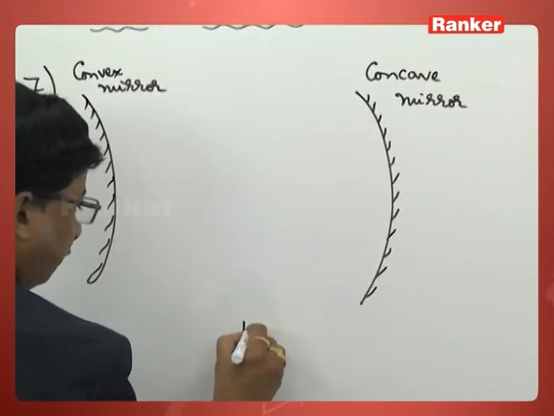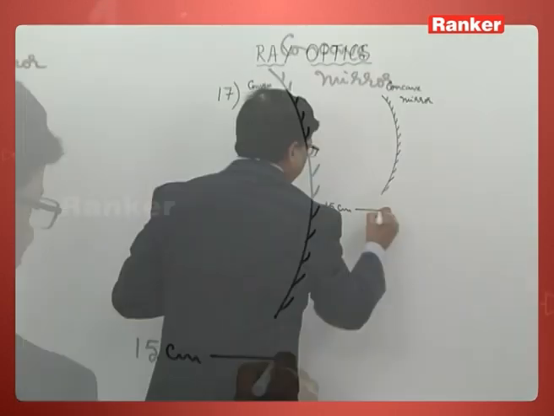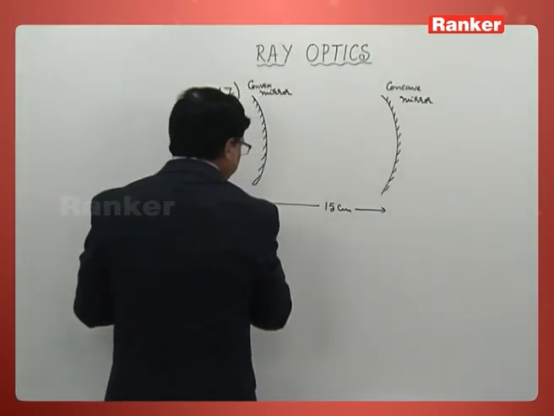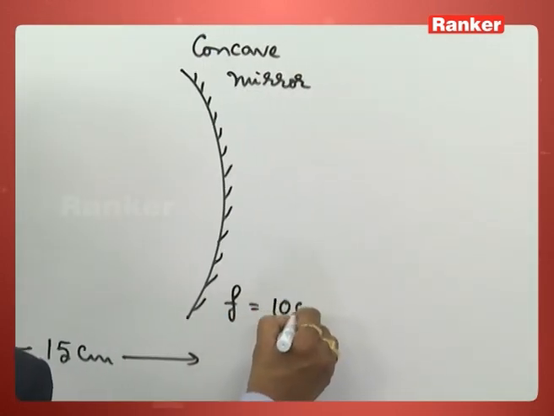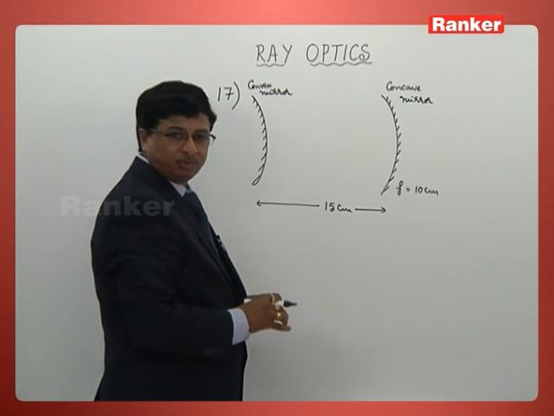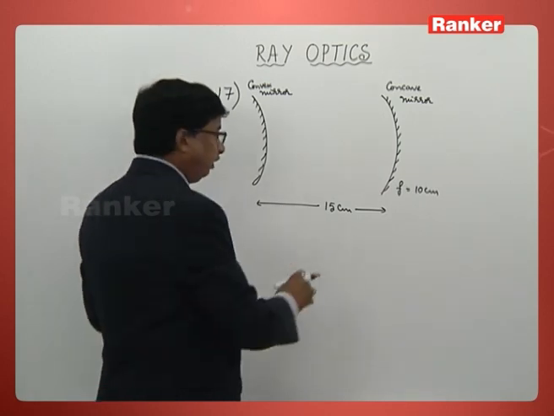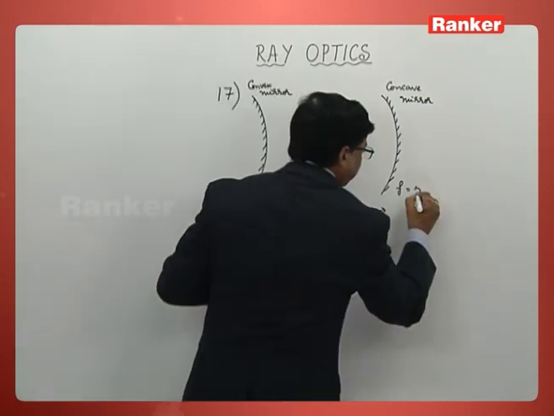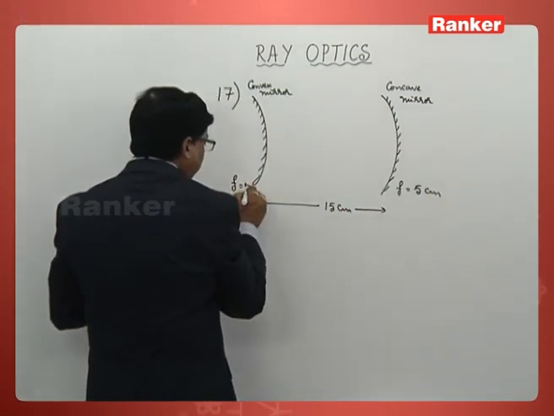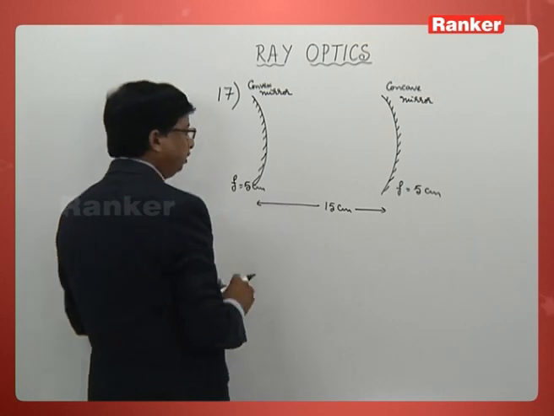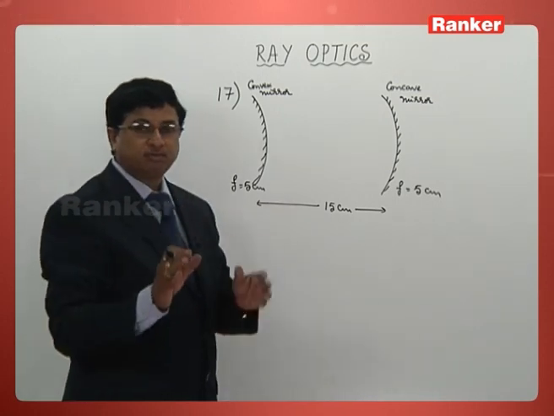The distance of separation between these two is 15 centimeter. The radius of curvature is 10 centimeter, so the focal length is 5 centimeter here, and here also the focal length is 5 centimeter. This is the description given in the first sentence.